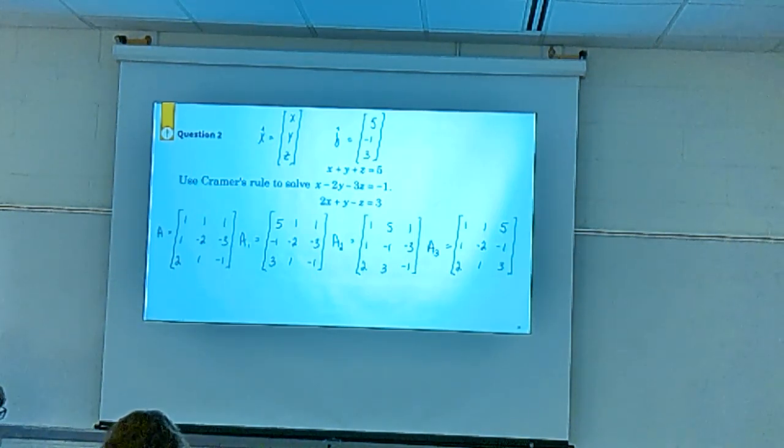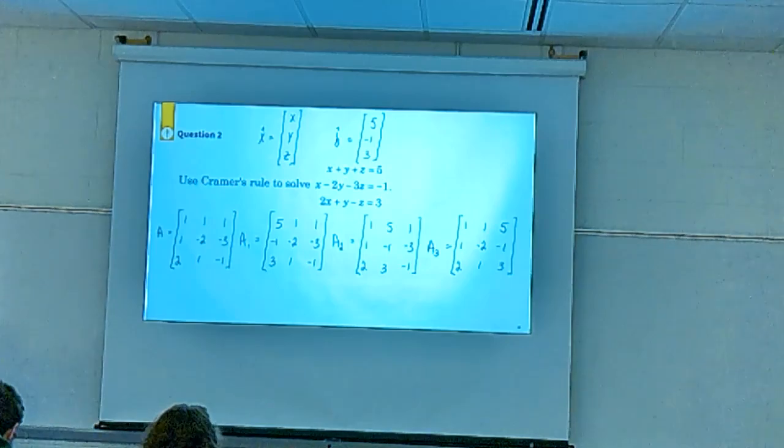Let's write that down then. Did you get a determinant of another matrix? Determinant of A1, I got 2.